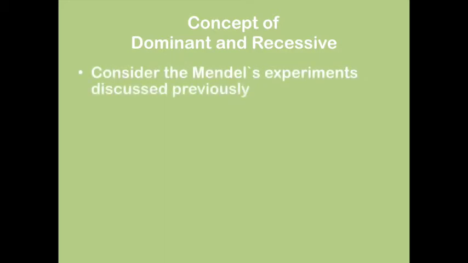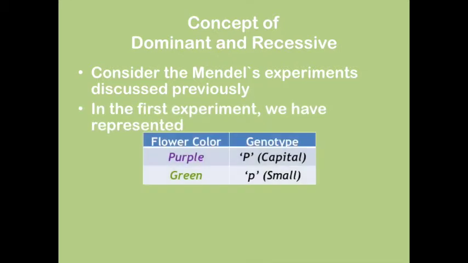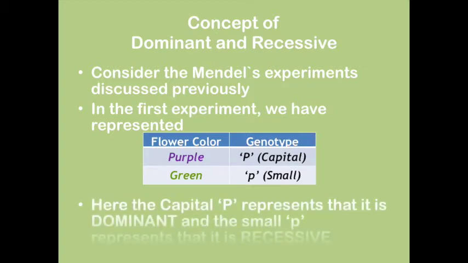Now let's come to the concept of dominant and recessive traits. Consider Mendel's experiment which we previously discussed. In the first experiment, we represented the purple flower with a capital P and a green flower with a small p. Here the capital P represents that it is dominant and the small p represents it is recessive.